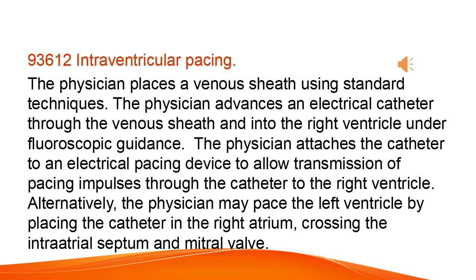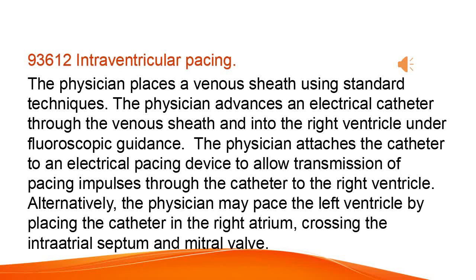Intraventricular pacing. The physician places a venous sheath using standard techniques. The physician advances an electrical catheter through the venous sheath and into the right ventricle under fluoroscopic guidance. The physician attaches the catheter to an electrical pacing device to allow transmission of pacing impulses through the catheter to the right ventricle.